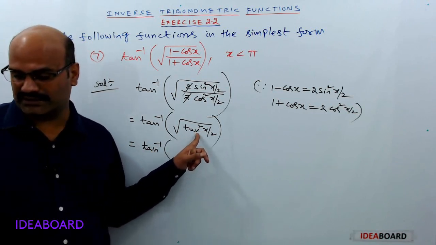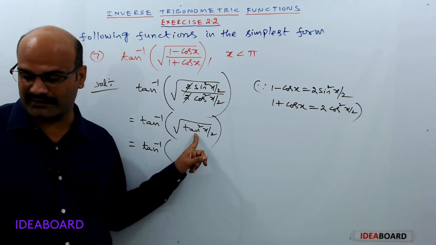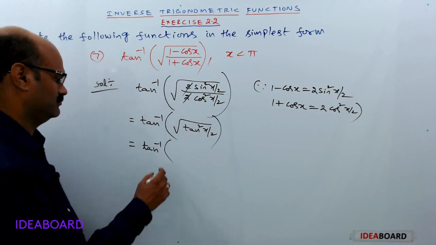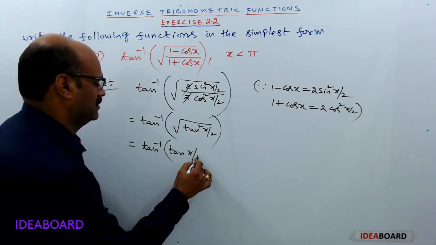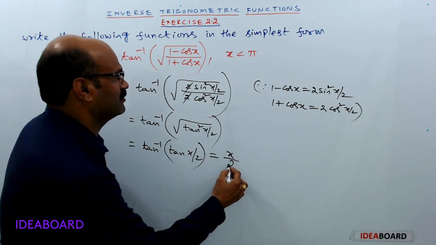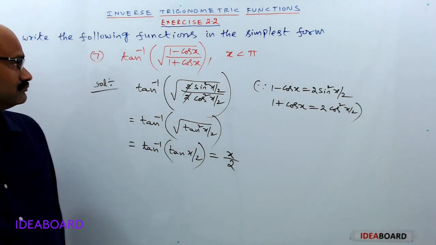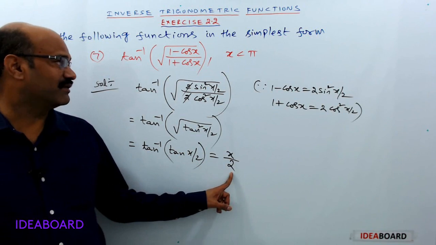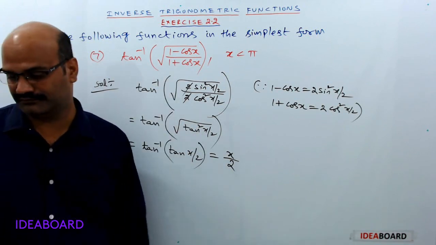Root a square equal to a, so square root of tan square x by 2 equal to tan x by 2, equal to x by 2. This is the simplest form of the given problem.